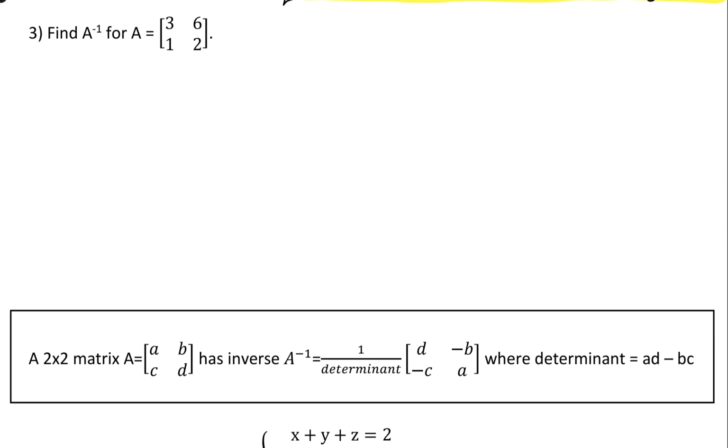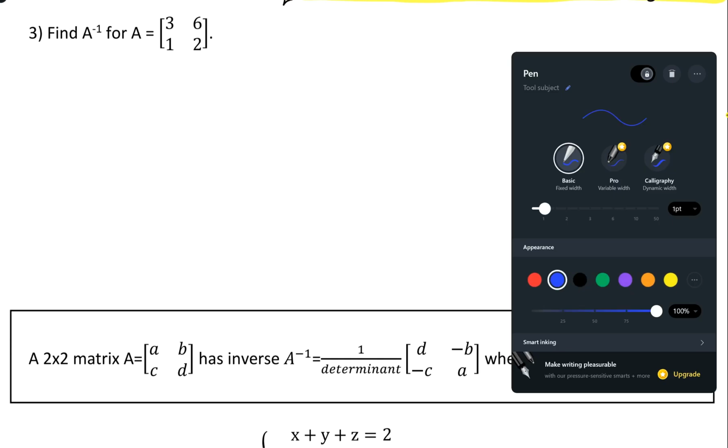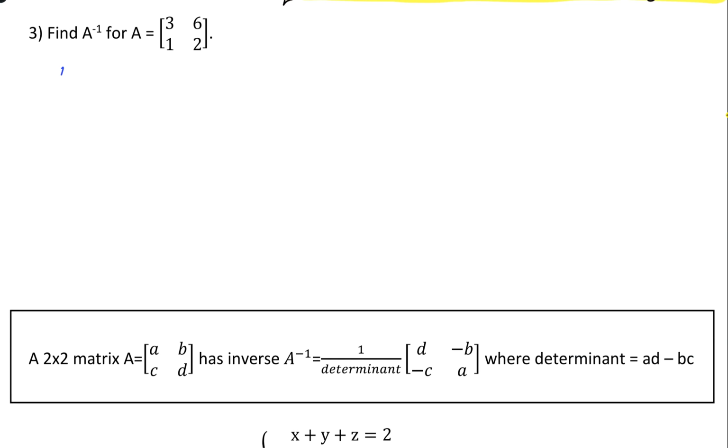Okay, so let's practice what we just did. So I take my matrix and I set it up. So we said A augmented with the identity. All right, so my A is 3, 6, 1, 2, augmented with a 2x2, so 1, 0, 0, 1. And now I'm going to do my elementary row operations to put the left side into reduced row echelon form.